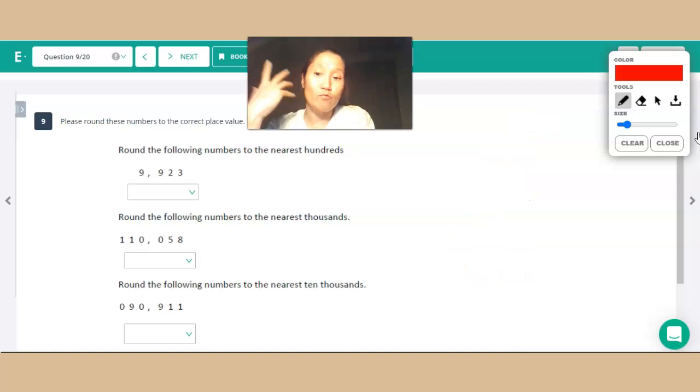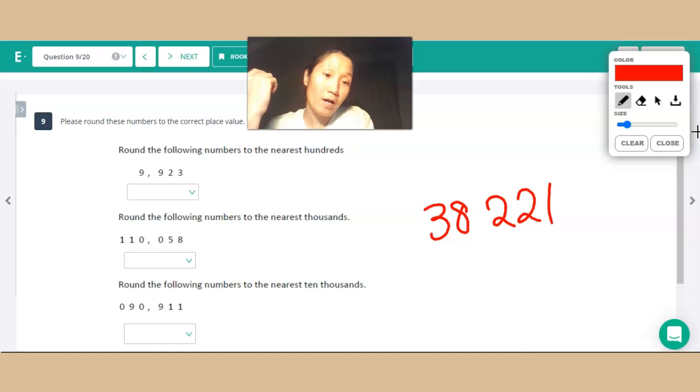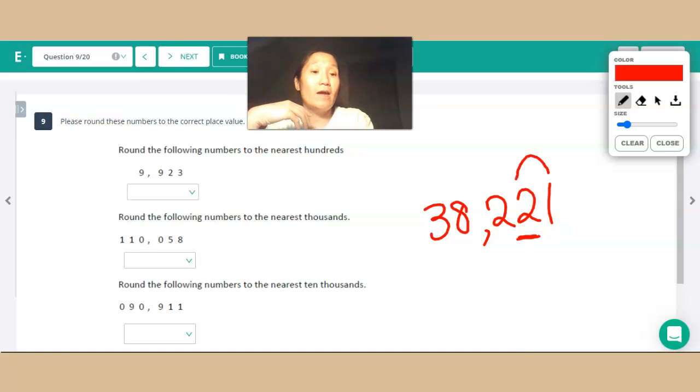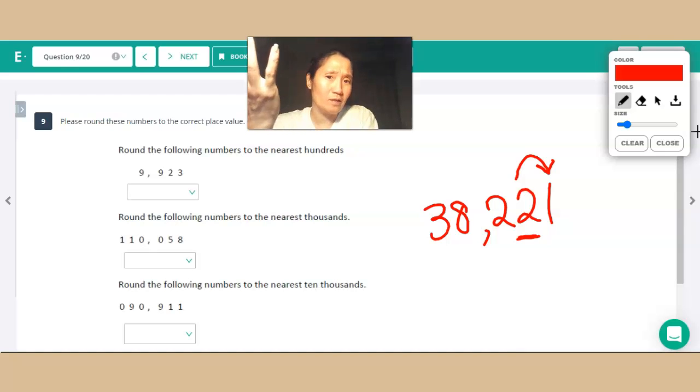So now if you're doing a really big number like 38,221 and you want to round to the nearest tens place, you look to the tens, then look to the number on the right, and decide weak or strong. Well, 1 is weak because it's under 5. The 3 doesn't care, you just write it.